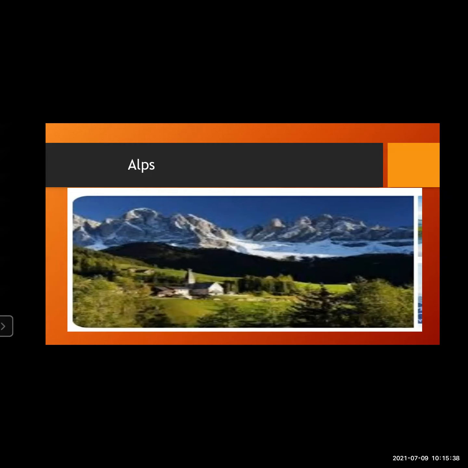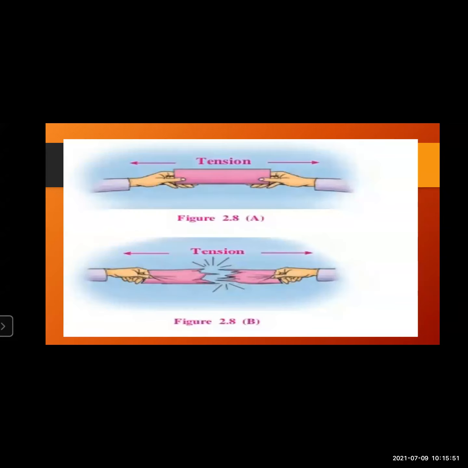Now we'll try to understand the next activity, that is tension or extension, by figure 2.8. So come to page number 12. This is an activity which is given in your textbook, figure 2.8a and figure 2.8b.